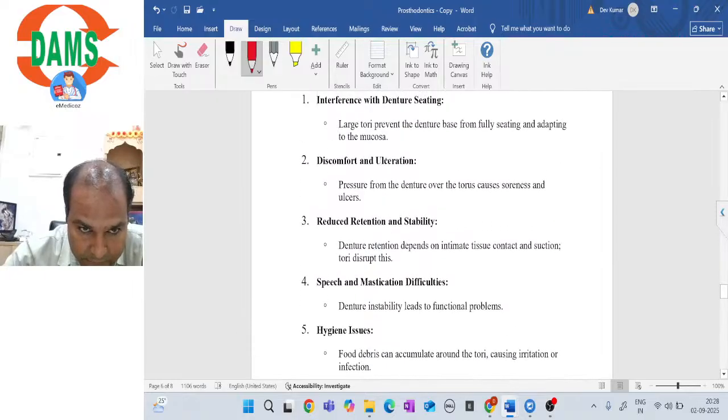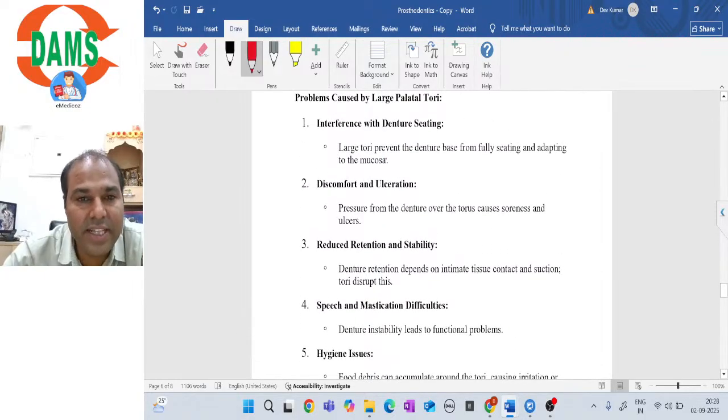So I hope it is clear. Interference with the denture seating, discomfort and ulceration, reduced retention and stability, speech and mastication difficulty, hygiene issues.